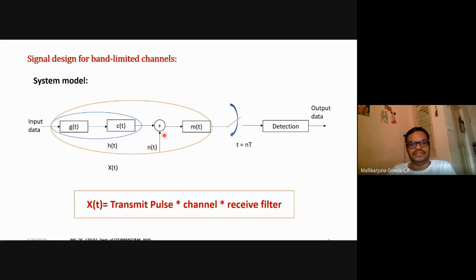I found the expression for x of t yesterday, even in discrete time, and I will be sampling at t equal to nT. The output goes to the detection, and then I get the output data. This is what we discussed yesterday.